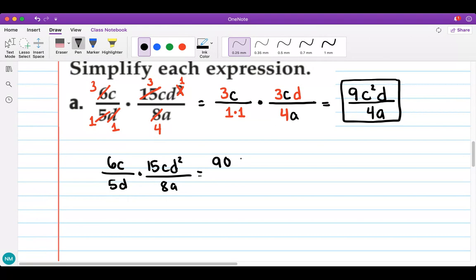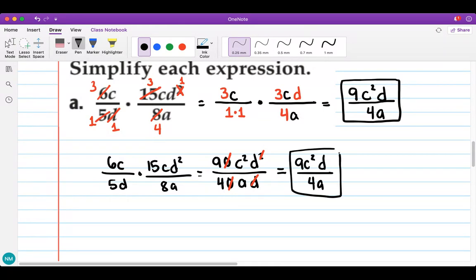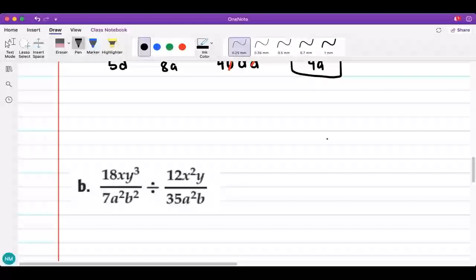So 90 C squared D squared over 5 times 8 is 40 AD. So 90 over 40. This happens to be an easy fraction to simplify, which is 9 over 4. And then D squared and D. So you still get the same answer, but not all problems will be this simple. So that's really important.